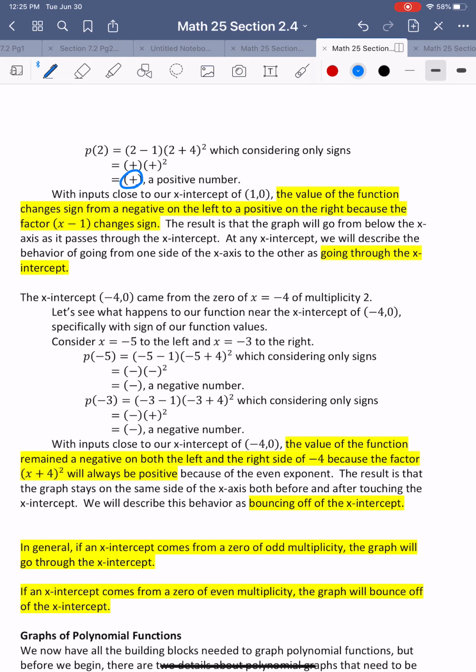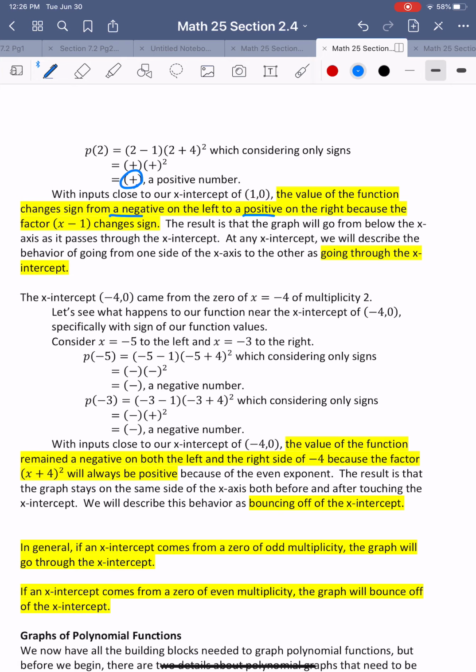So with the input close to the x-intercept 1, 0, the value of the function changed sign from negative on the left to positive on the right, because x minus 1 changed sign. The result is that the graph goes from below the x-axis to above as it passes through the x-intercept. We describe this behavior, going from one side of the x-axis to the other, as going through the x-intercept.